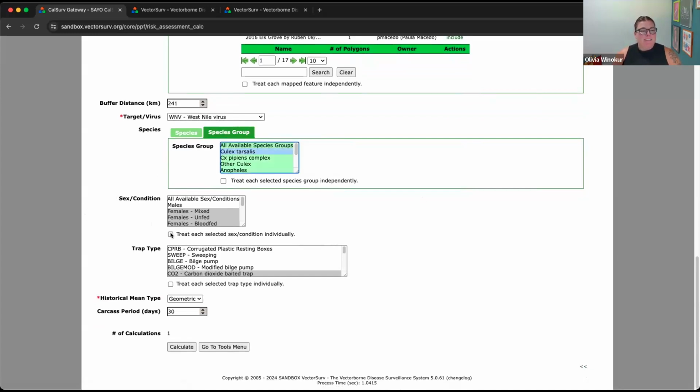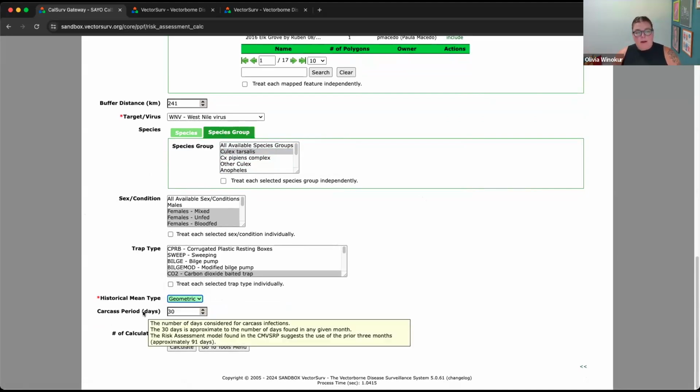We're going to look for Tarsalis, females, CO2 traps. Again, this is that geometric versus average mean. Geometric meaning that it's going to transform to the log scale and then bring us back so that any really strong outliers aren't going to affect our estimate. And then our carcass period here is the number of days considered for carcass infections.